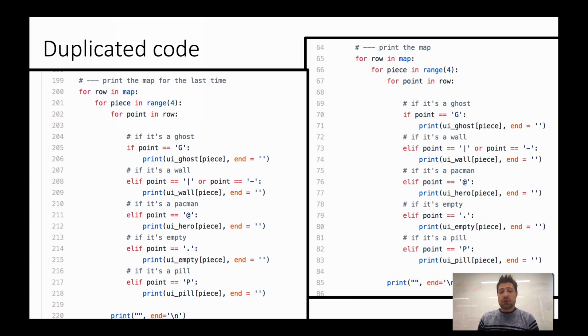If it's a wall, it prints another way. It doesn't really matter how it does it, but we have lots of duplicated code in there. The problem with duplicated code is that as soon as you have a change, you have to change it in all the points where this code is duplicated. If you forget to change one point, there will be a hidden bug that can be really tricky to find. So duplicated code is something we try to avoid.